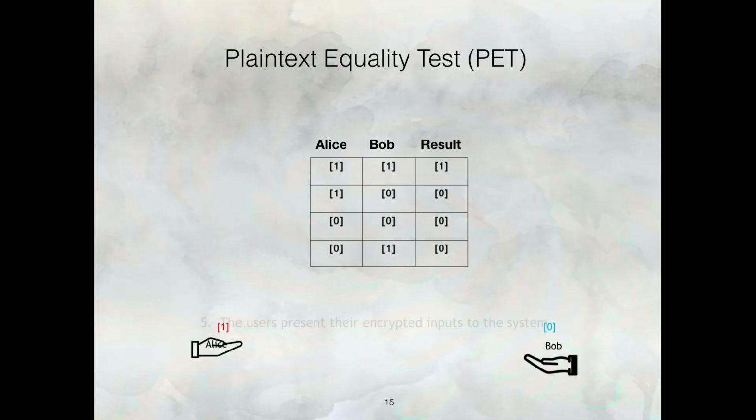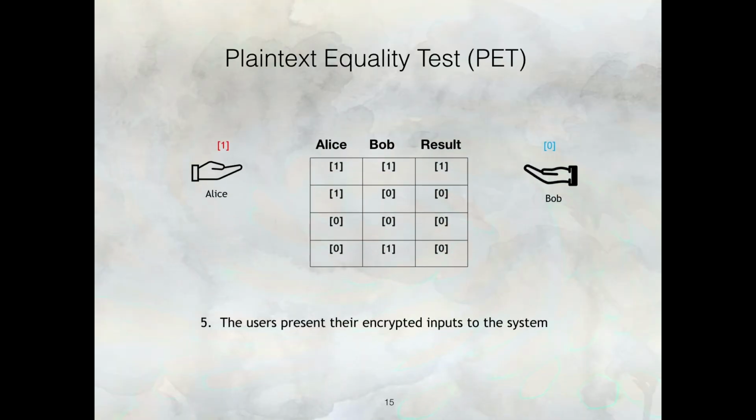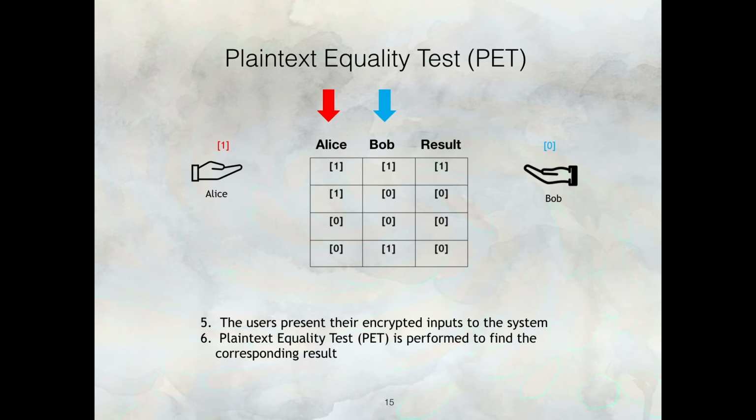So we have our table, encrypted, shuffled, re-randomized. And Alice and Bob come with their inputs. In this case, Alice has encrypted 1 and Bob has encrypted 0. So plaintext equality test is performed to find the corresponding rows in their corresponding columns.